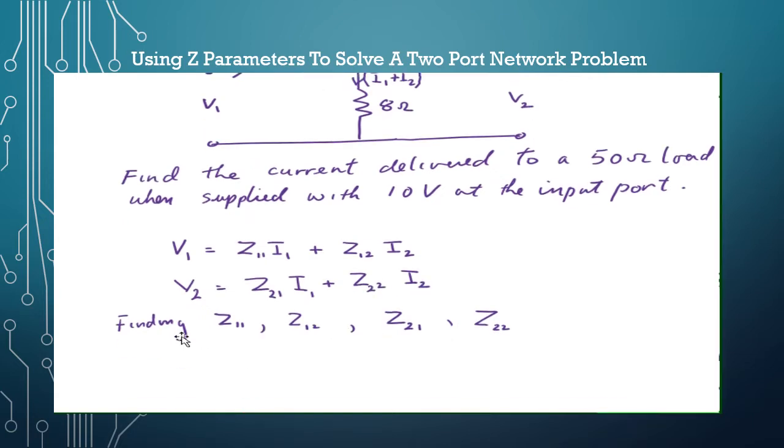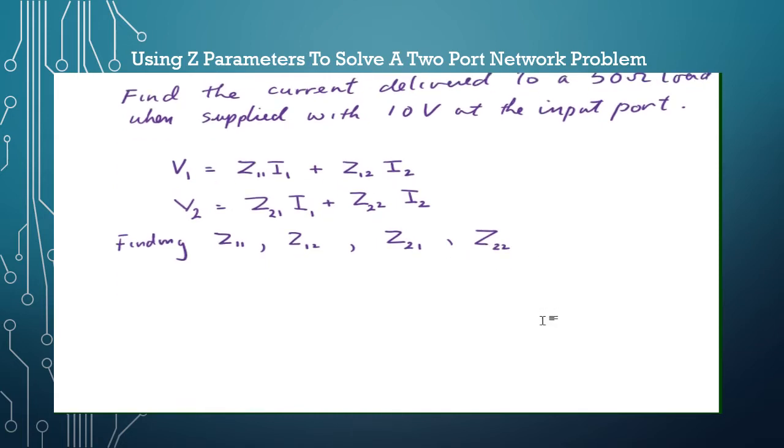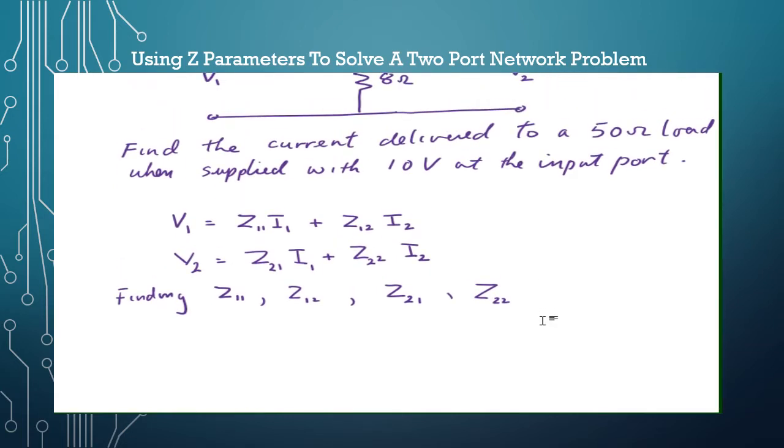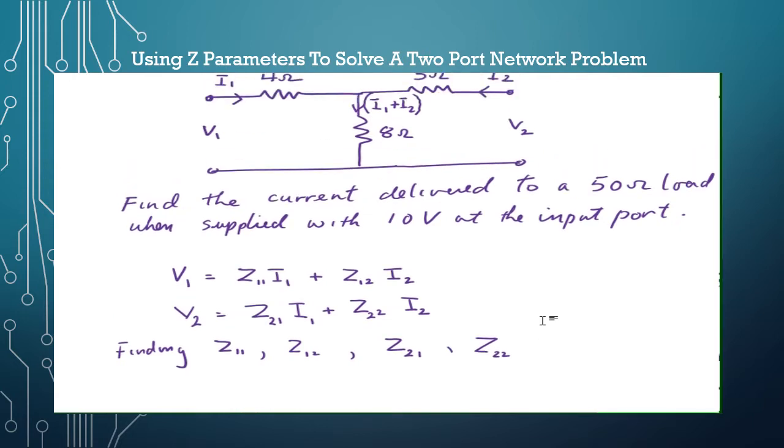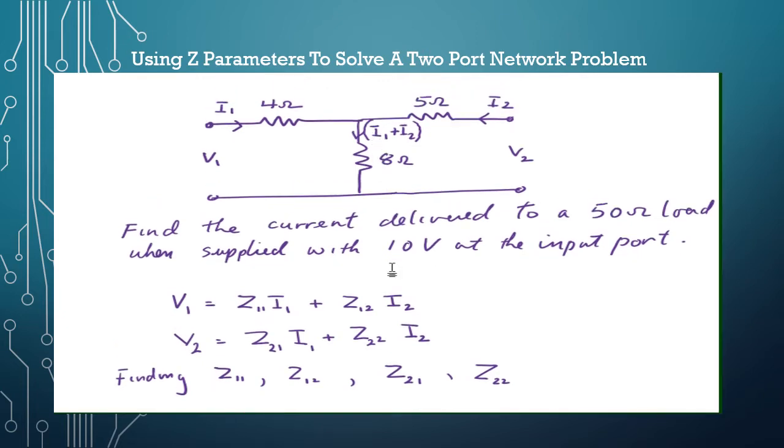Our first step is to find the Z parameters Z11, Z12, Z21, and Z22. So we're going to proceed by applying Kirchhoff's voltage law to this network.